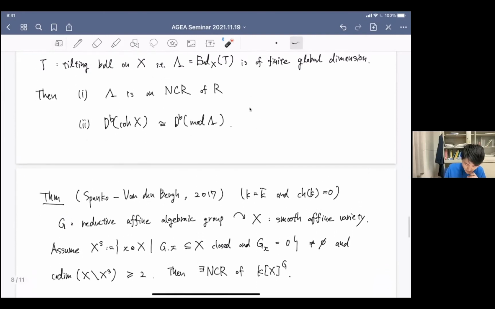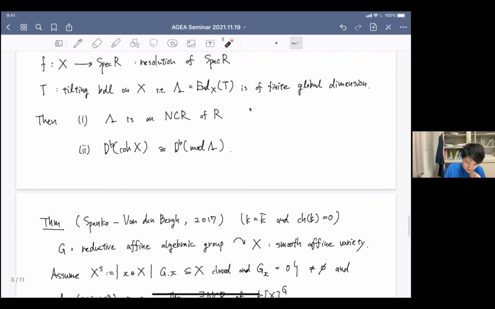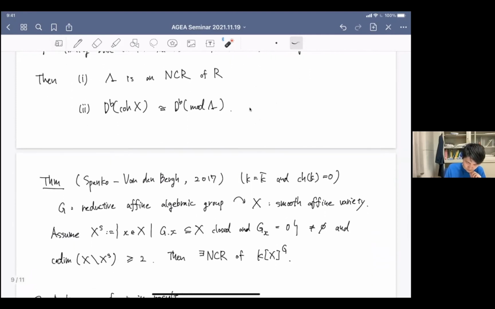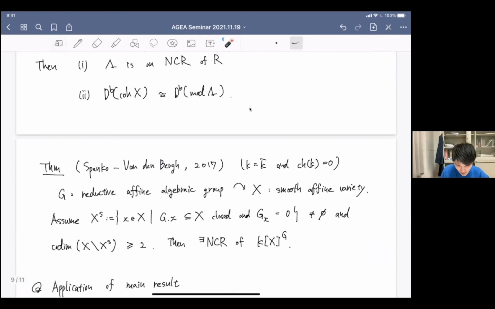So I introduce one of the best results for non-commutative resolutions. This is by Špenko and Michel Van den Bergh in 2017. So assume the base field is algebraically closed and the characteristic is 0.